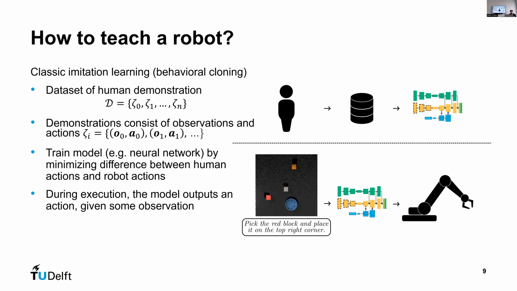And then after this learning phase, what's typical in behavior cloning, you just execute the model. So you acquire an observation, for example, an RGB image and a language command, and then this model outputs an action, and the robot executes this action.